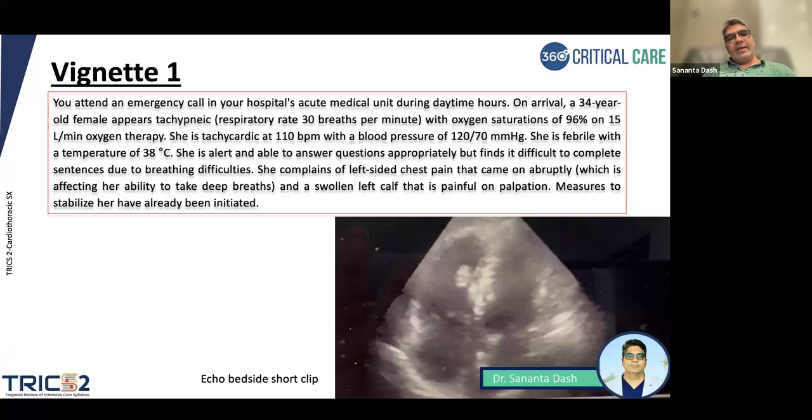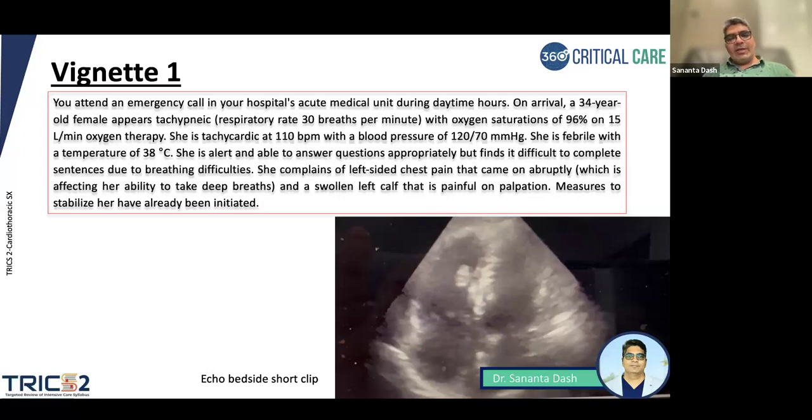The aim of this case vignette, or expected behavior from the candidate, is to mark out a few important points here, so that you can anticipate what the question will be. When you look at this clinical scenario, somebody is hypoxic, tachypneic, febrile with left-sided chest pain and a swollen calf, and that has all occurred very acutely.